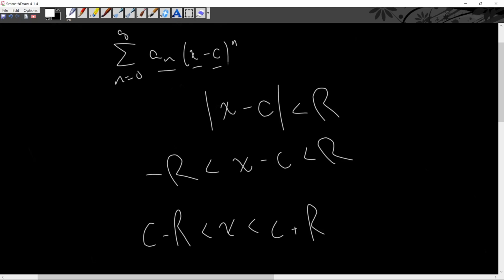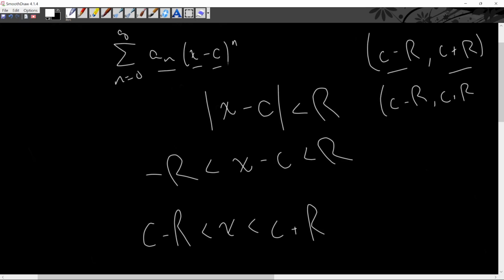possible radii of convergence can either be c minus r to c plus r with parentheses, so it's not including these endpoints, c minus r to c plus r, including this endpoint, and then, of course, vice versa, and including both endpoints.